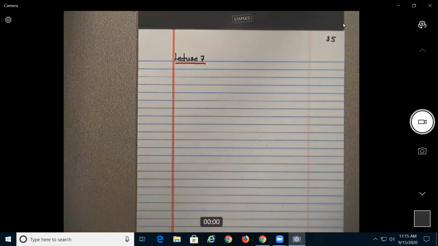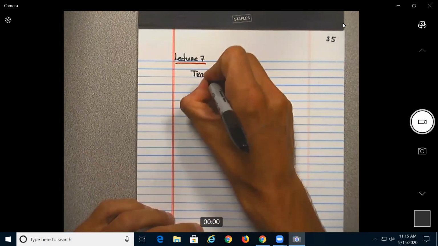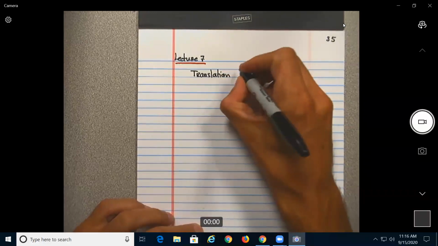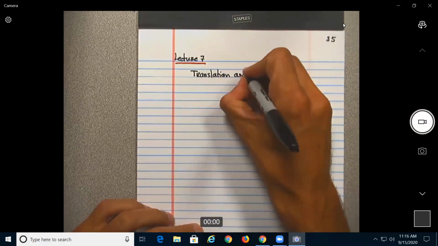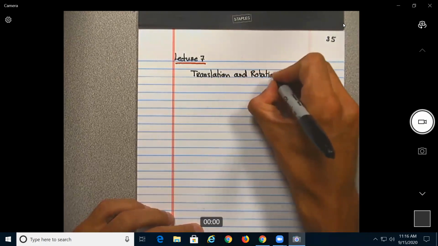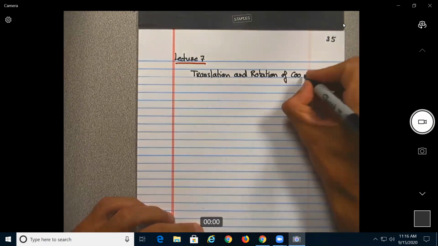Last time we finished a bit early because I didn't want to start a new chapter. And this chapter basically is translation and rotation of coordinates.